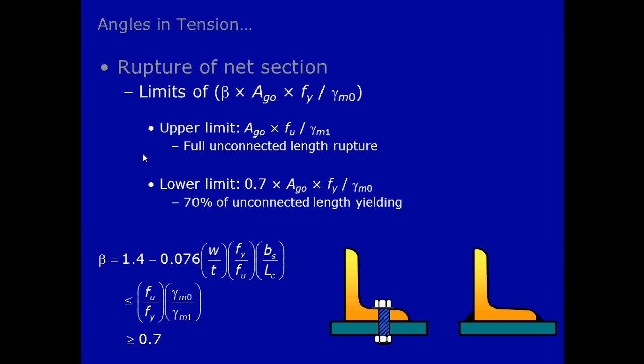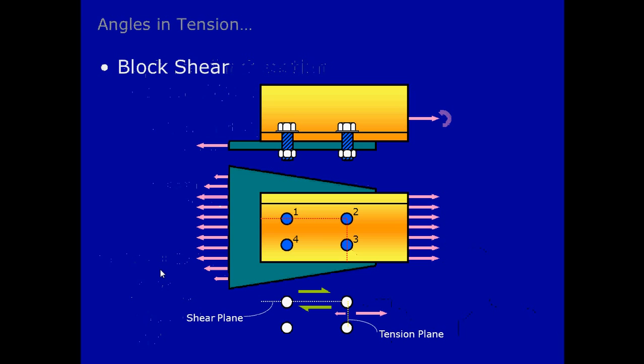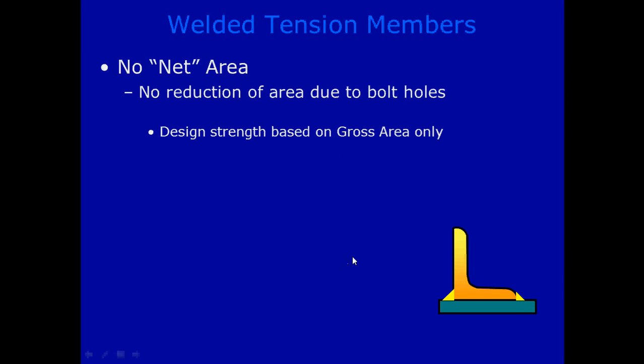These are the upper and lower limits. This is how to calculate the block shear strength of an angle section connected through one leg only, and in case of welded section no net area is found. We have to consider the gross area only.